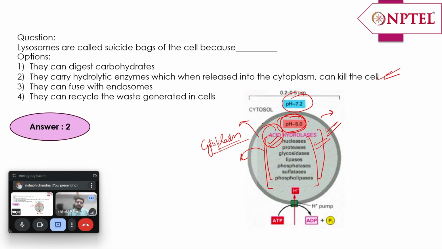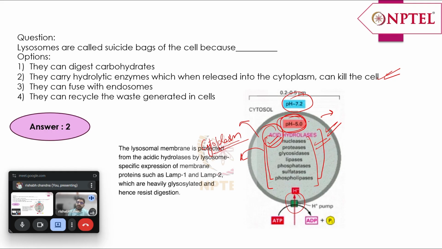Okay, and this acidic environment is maintained by a proton transporter on the lysosome membrane. The lysosomal membrane needs to be protected from the acid hydrolases by lysosome-specific expression of membrane proteins, that is LAMP1 and LAMP2.